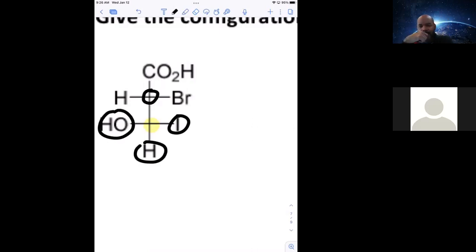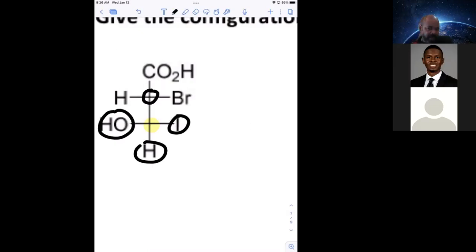Is that right? Yes. And it's that carbon and everything attached to it, just in case we have to move to the next atom to find a point of difference.